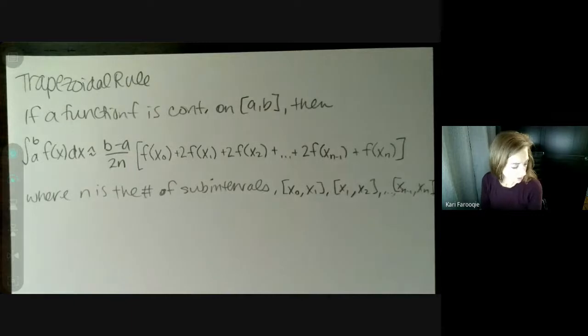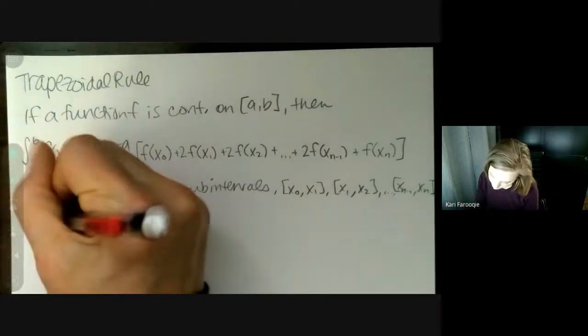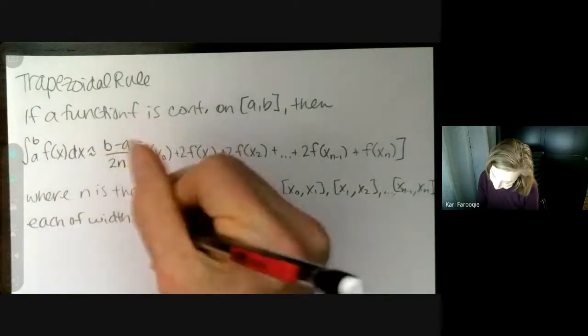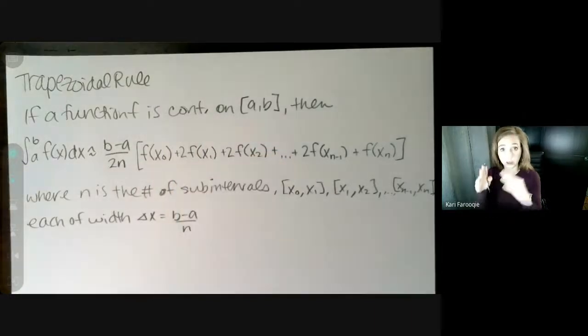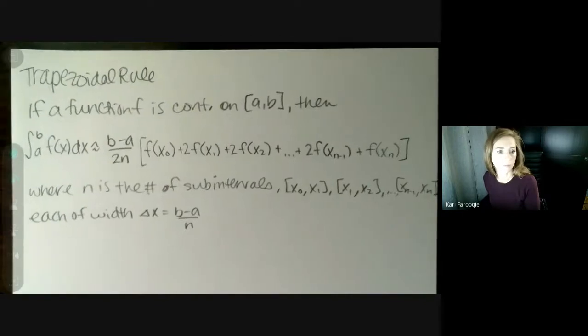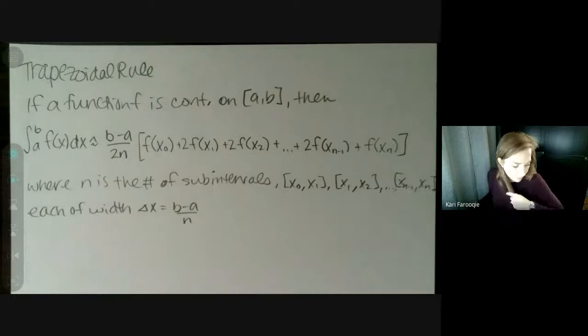Each of width delta x equals (b minus a) over n. So that is the same. So just taking the difference between a and b and dividing by the number of subintervals. And that's it.